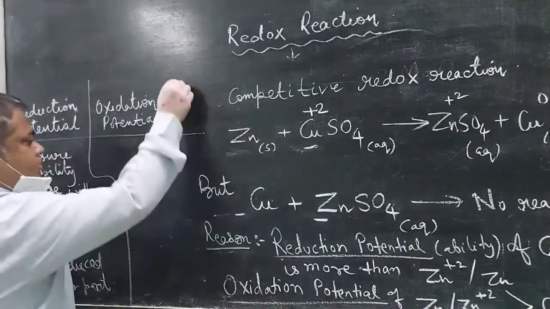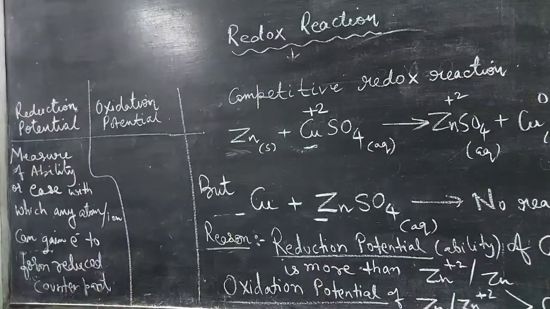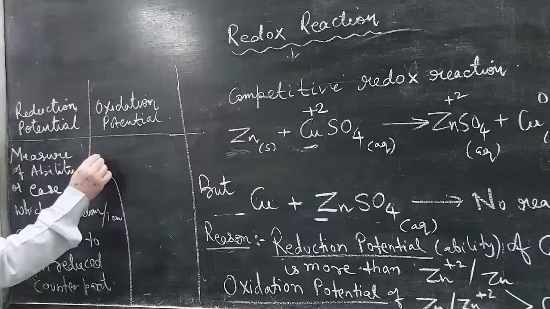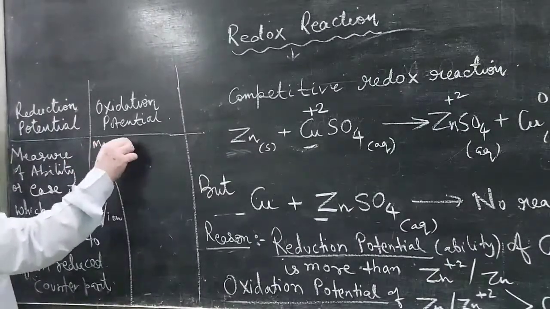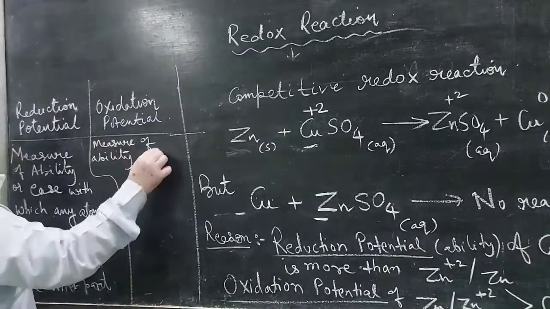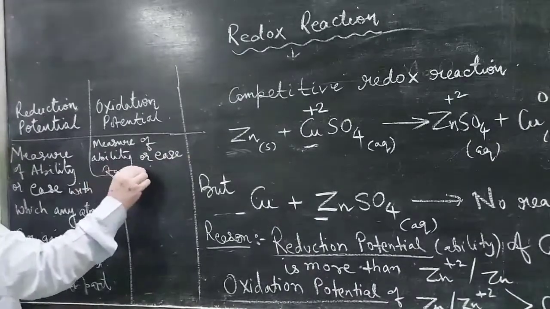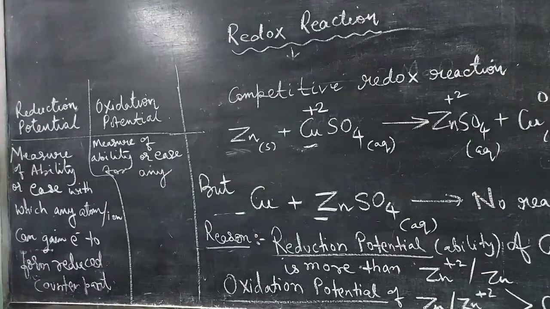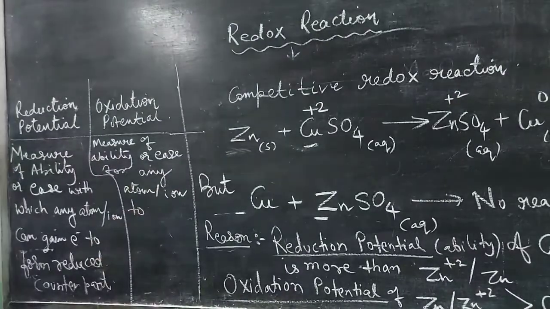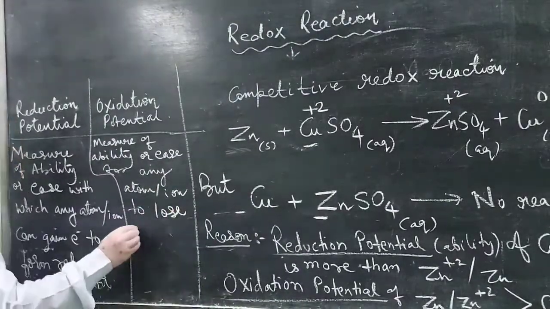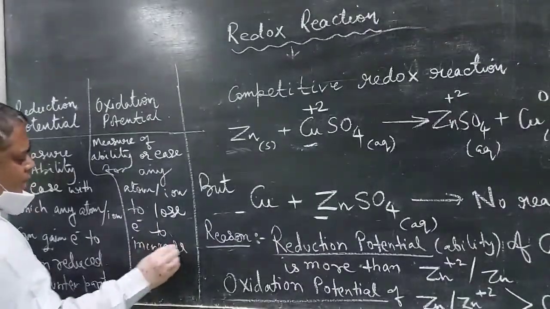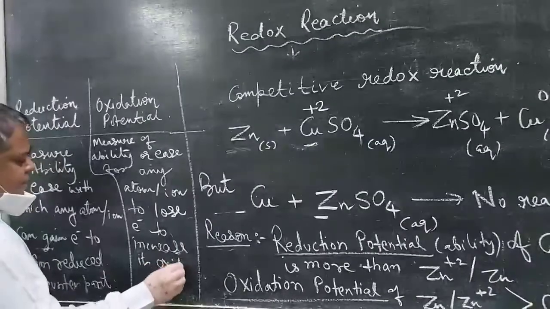Just like that, oxidation potential means a measure of ability or ease for any atom or ion to lose electron, to increase its oxidation number.